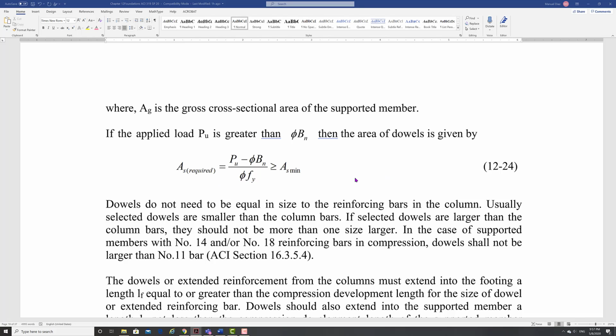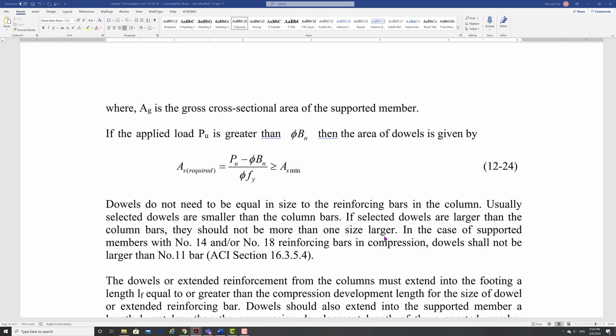Okay? And those bars are what we call the dowels. Okay? These are the dowels. For some of you that have made the visit to the construction and have seen some columns, those are the bars that kind of stick out sometimes. Yeah? They're from the footing up. Those are the ones. Now in the case of the dowels, you can have larger sizes than the column bars. You can do that, but usually no more than one size larger.